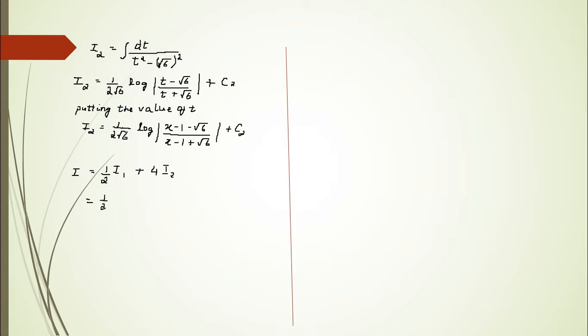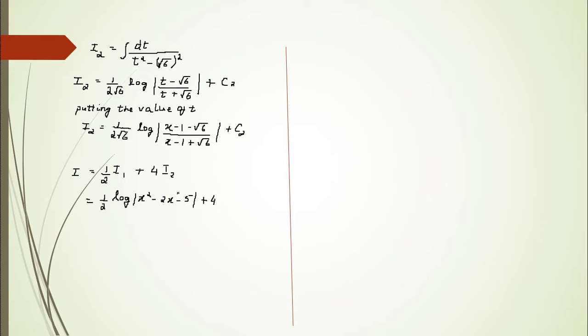So 1 by 2 I1 is equal to log of x square minus 2x minus 5, right, plus 4 into I2.